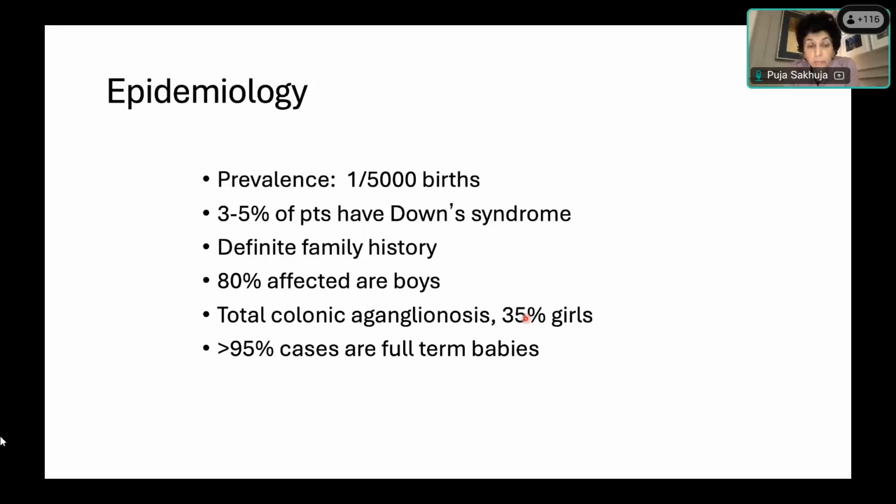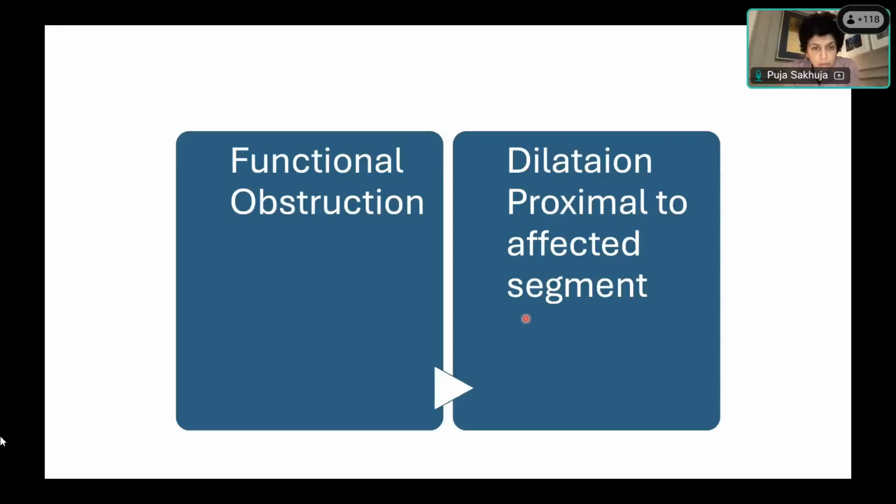So it is much more common in boys, and total colonic aganglionosis is less common, fortunately. But in total colonic aganglionosis, girls are a little more frequently involved, not more than boys, but more than they are involved in the other types of aganglionosis.